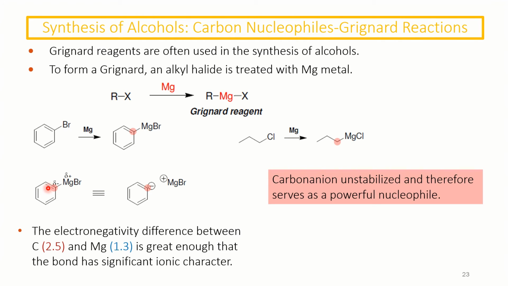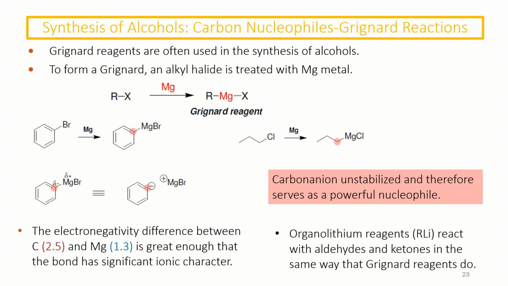The difference in the electronegativity between the carbon and the metal, 2.5 to 1.3, is great enough to generate this strong nucleophile. The organolithiates do the same job as the Grignards.